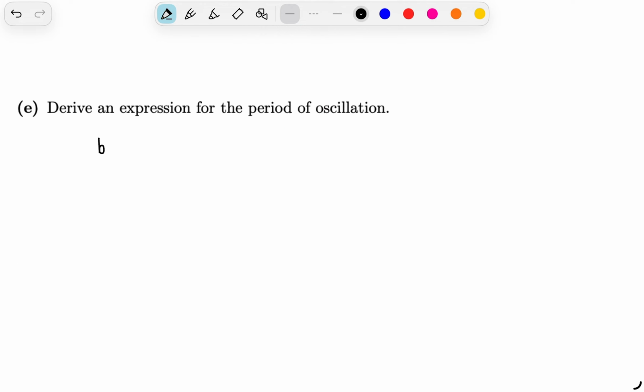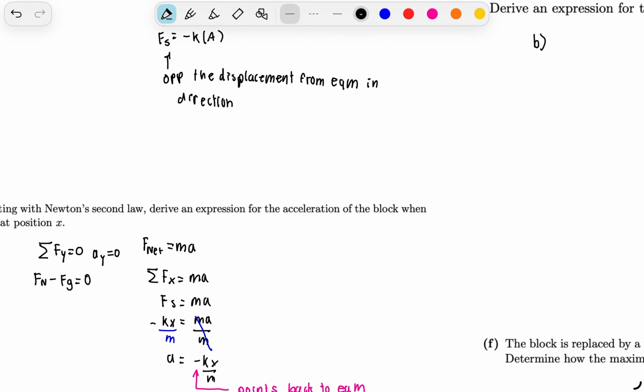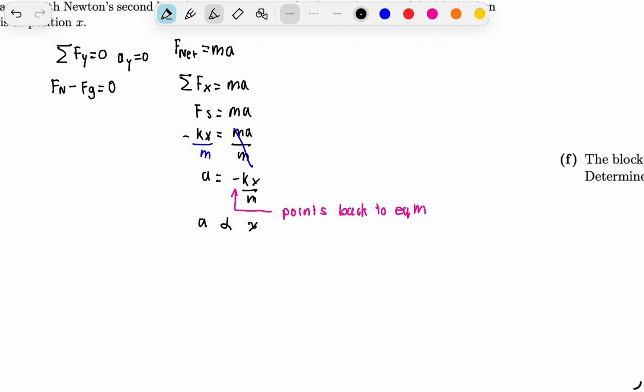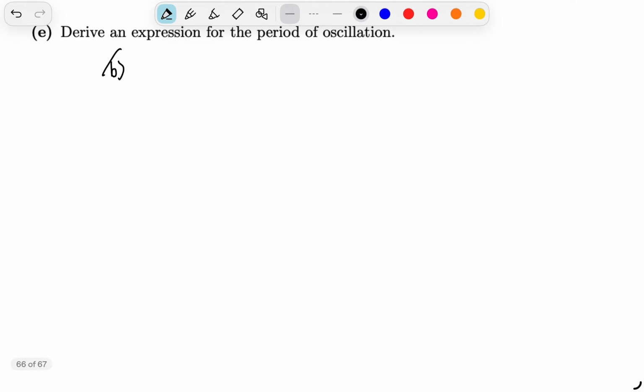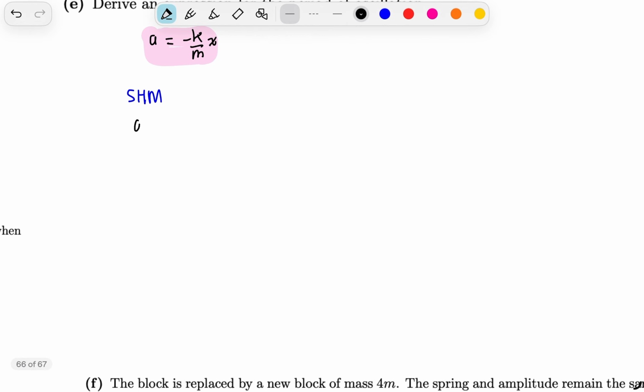Derive an expression for the period of oscillation. We saw earlier that acceleration is equal to negative k over m times x. We also have the simple harmonic motion condition, which applies because we are oscillating back and forth periodically: acceleration is equal to negative angular velocity squared times displacement.